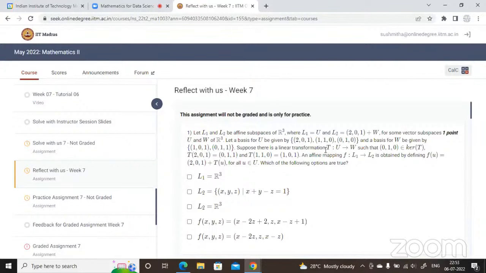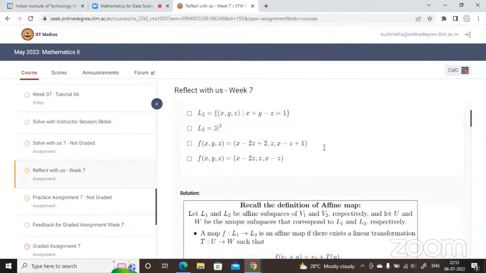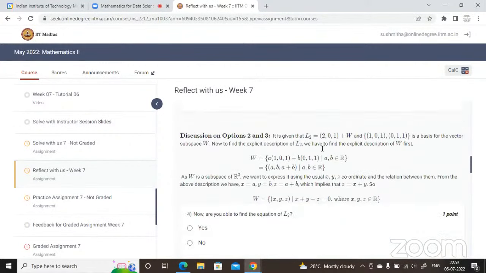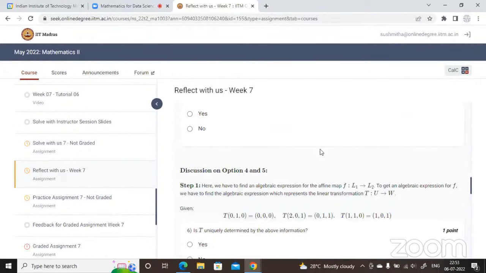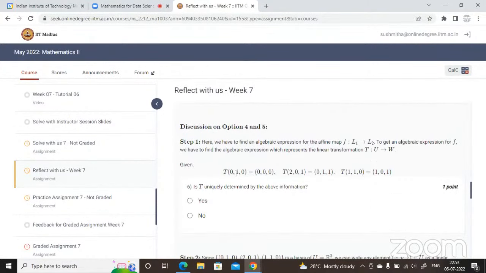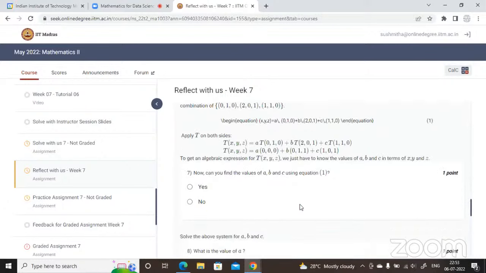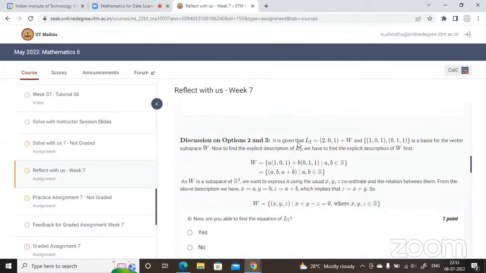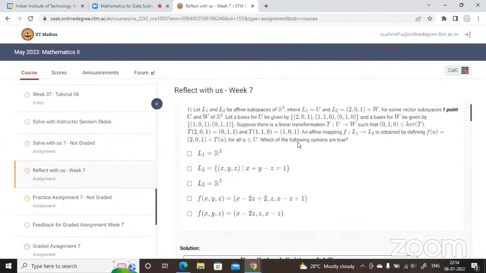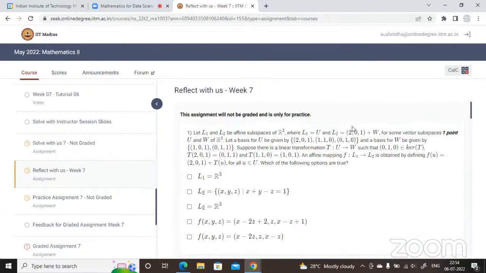Yes. So from that you can get T. That is this step. From here, you know T on a basis. So you will get T. Once you get T, you just have to add it with that whatever value, 2, 0, 1.